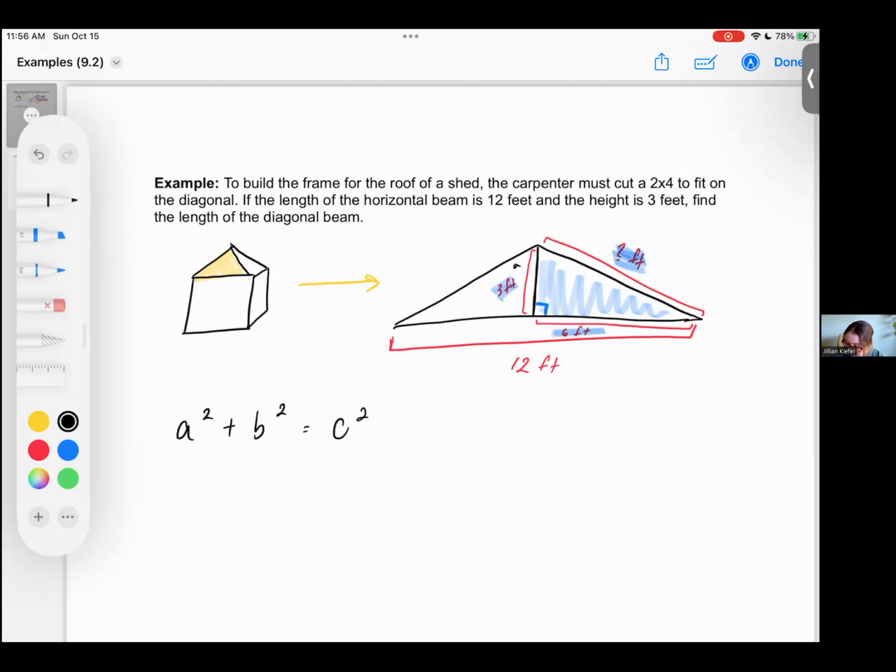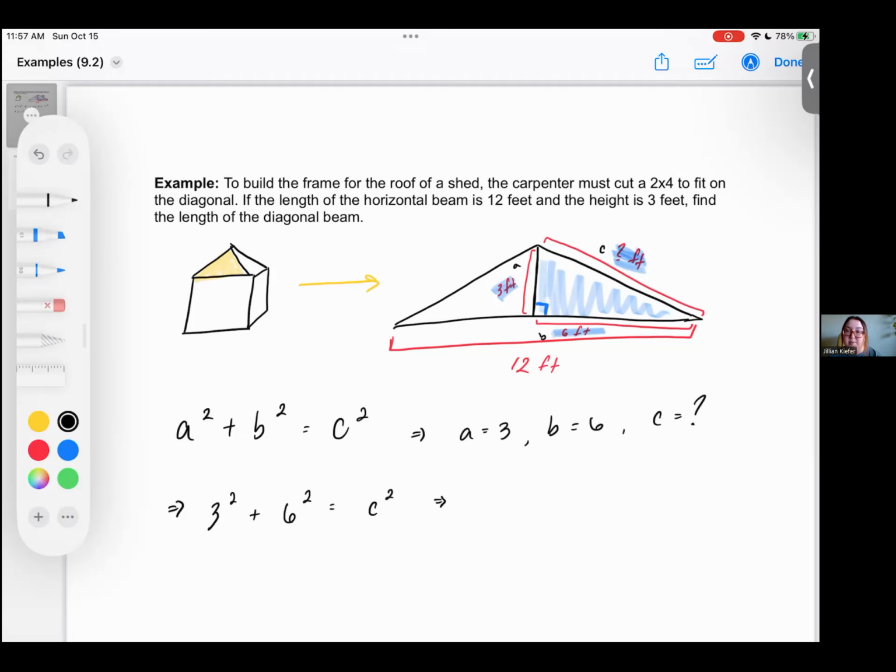We can say this is A, B, and C. We know that A is 3, B is 6, and C we don't know. So we're trying to solve for C. We can plug all of these into our formula. We get 3 squared plus 6 squared is equal to C squared.